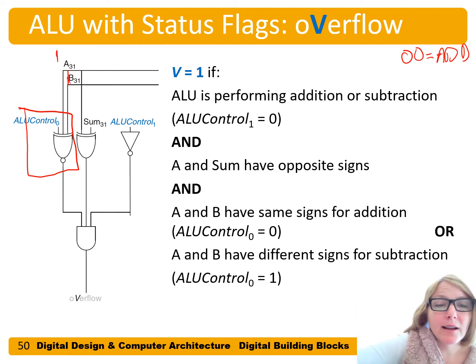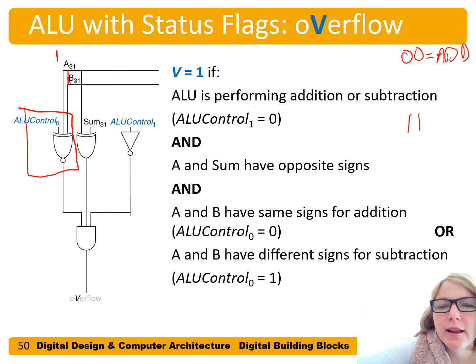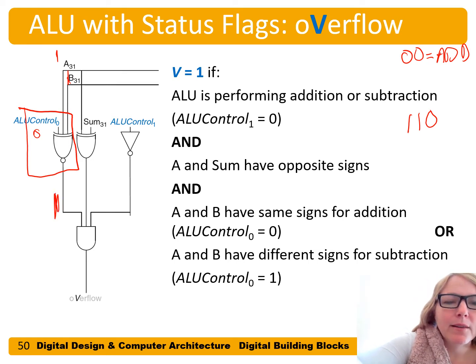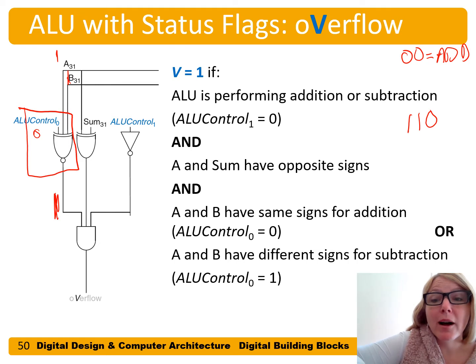That does have the same sign. We get the XNOR of 1, 1, and ALU control, in this case for an addition, is going to be 0. It's going to say, okay, well, the XNOR of 1, XNOR 1, XNOR 0. Remember, XNOR outputs a 1 if an even number of inputs is 1. And so this says, yep, they do have the same sign. So there's a possibility that we're going to get overflow.